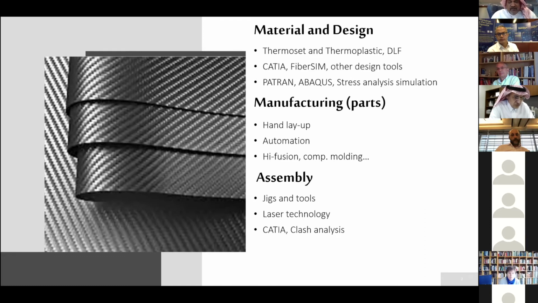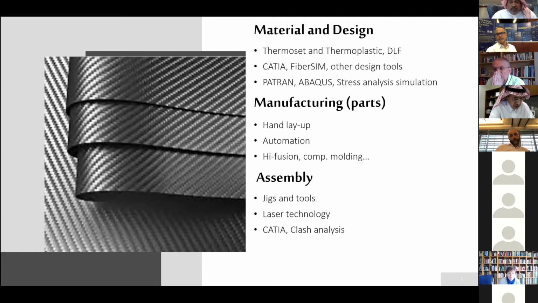So we can use these tools to help us with how we're going to manufacture. We have such a thing as hand layup. It's very important to know: are you going to design the part utilizing hand layup, which is the traditional way, or automation? With automation, I'm going to go more into that in the next slide about the factory in the kingdom.